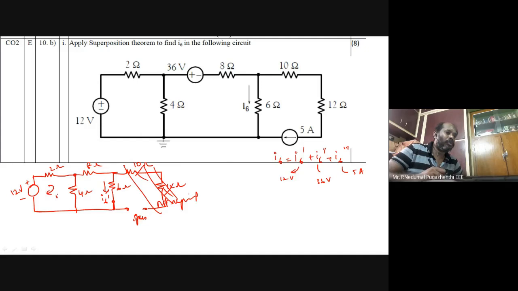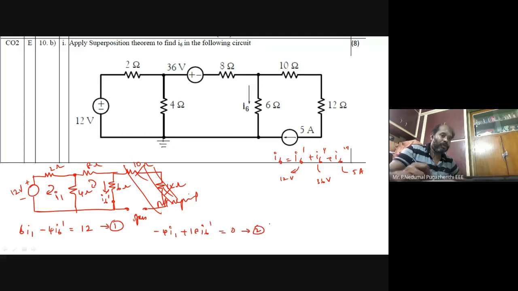So I will put this as I1. This is I6, I6 dash. So there are two equations. I will get 6I1 minus 4I6 dash is equal to 12. This is the first equation. And the second equation is minus 4I1 plus 18I6 dash is equal to 0.